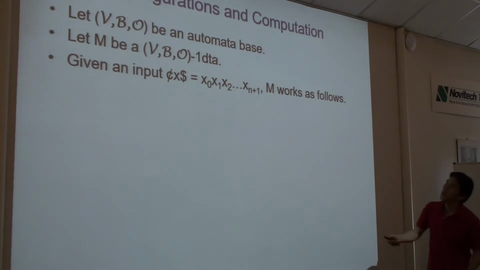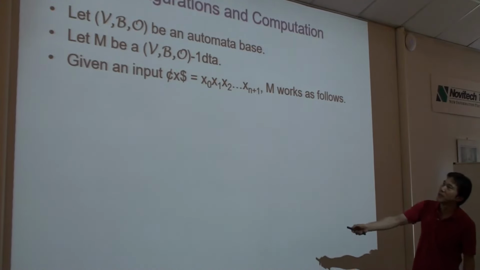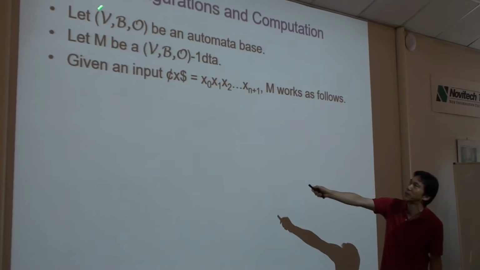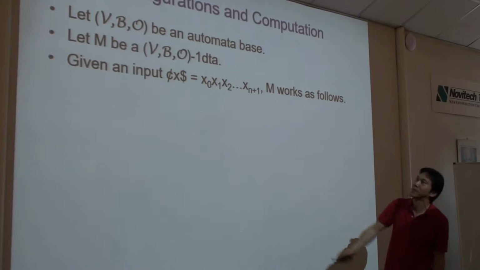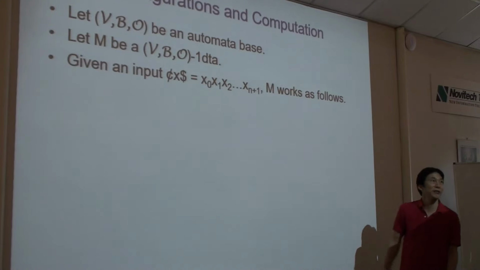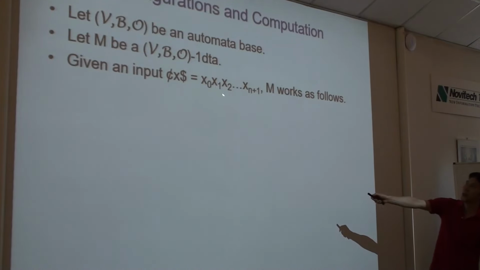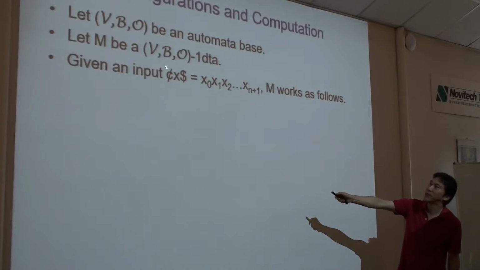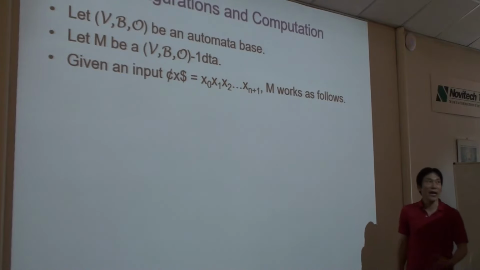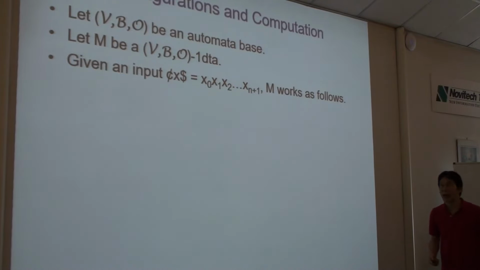We start with the automata base, and then consider the 1DTA defined based on this automata base, that's M. Our input includes both end markers: x0 corresponds to the left end marker, and x sub n plus 1 corresponds to the dollar sign, the right end marker.